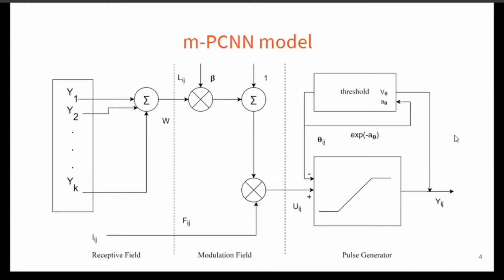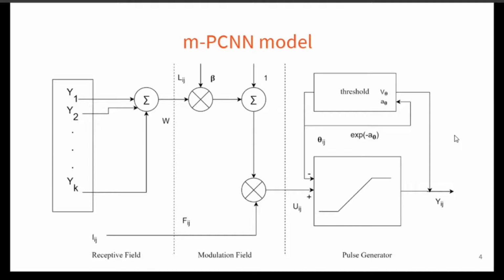Here we have the diagram of the simplified m-PCNN model as proposed by Wang and Ma. Fij and Lij are the feeding and linking synapses corresponding to the ith and jth position of the pixel in the original image. Sij refers to the external stimulus and determines the time of ignition.